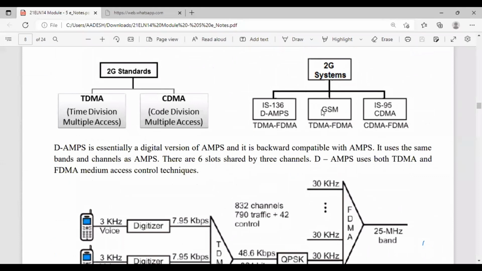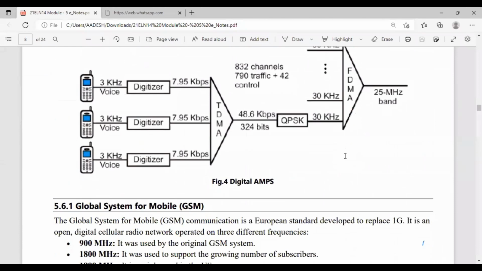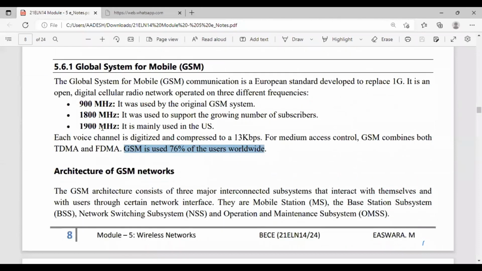GSM was the popular system used in the world, mainly in America and some parts of the world, and in some other parts of the world CDMA-based systems were used.